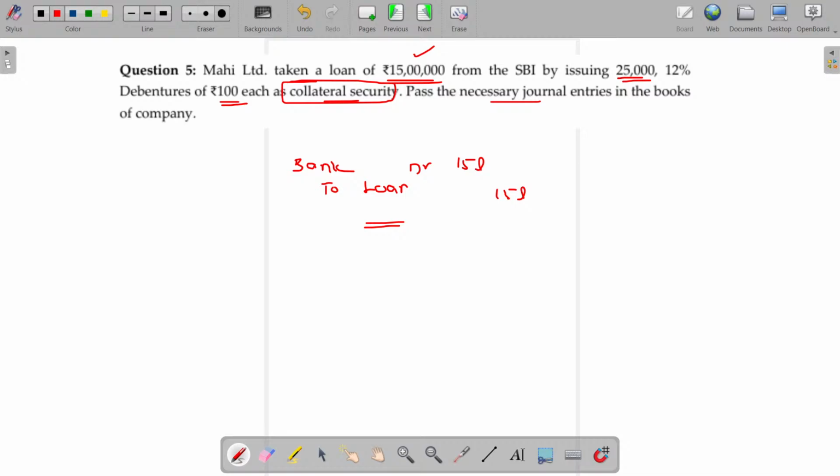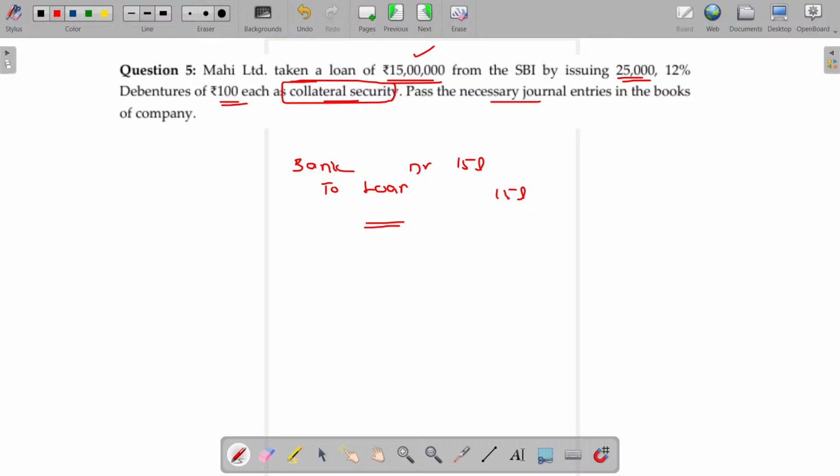So in case of jewel loan, we use the term pledge. In case of house property, we use the term mortgage. In case of vehicles, we use hypothecation. You have to understand the difference in terms. In case of jewelry, it's pledging. In case of house property loan, it is called mortgage. In case of vehicle loan, it is called hypothecation.